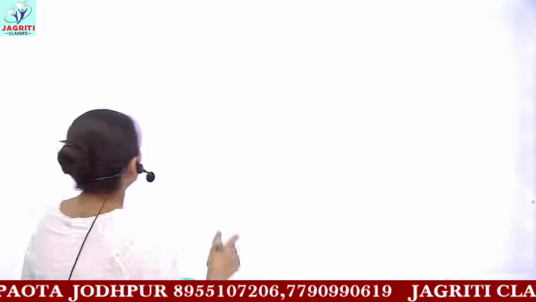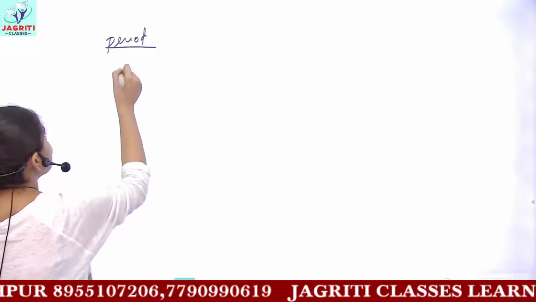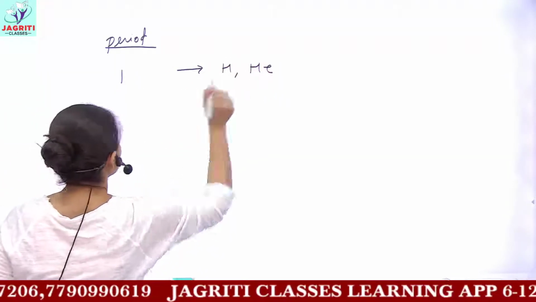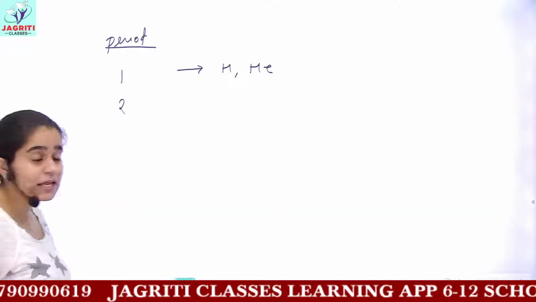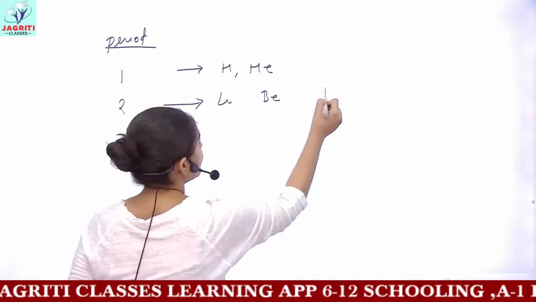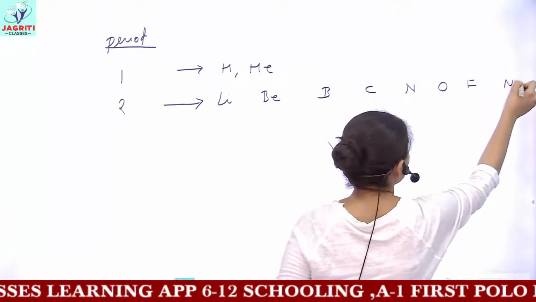Then I have discussed the use of group number. I have revised that group number helps to find the valency. So what is the use of the period number? The elements coming in period 1 are hydrogen and helium. The elements coming in period 2 are lithium, beryllium, boron, carbon, nitrogen, oxygen, fluorine and neon.